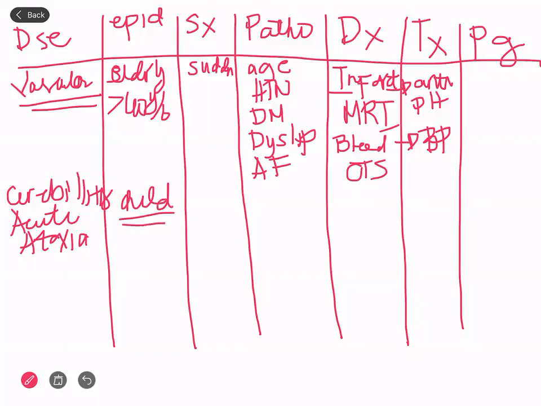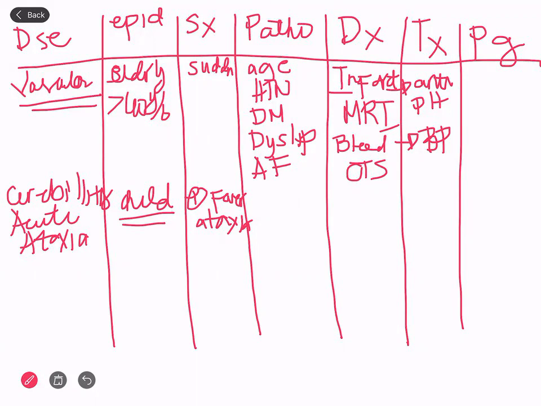For the symptoms, usually positive for fever, and then they will have ataxia, both limb and gait ataxia. So the whole of the cerebellum is affected, the vermian as well as the hemispheric regions.